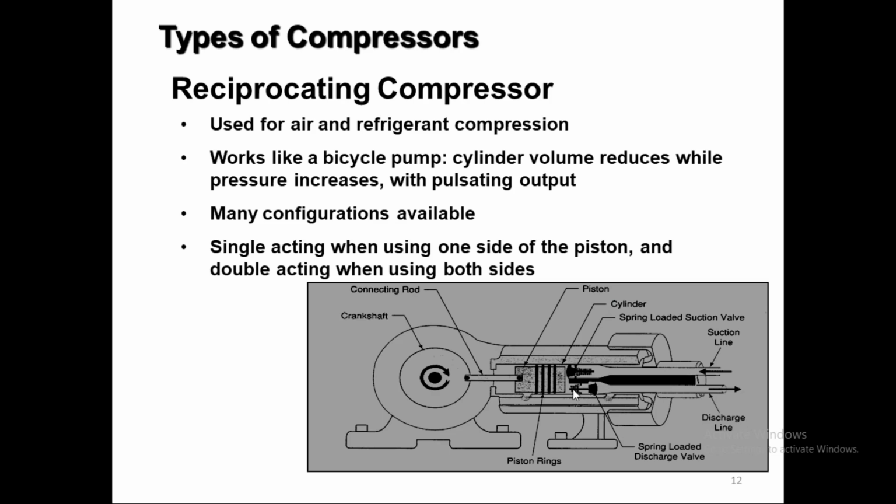So see, this is the intake valve and this is the exhaust valve, and this is the piston which is continuously moving back and forth inside the cylinder. Suction line and the discharge line. One side will take the refrigerant or the vapor in, and after compressing it, the other side will let it out.